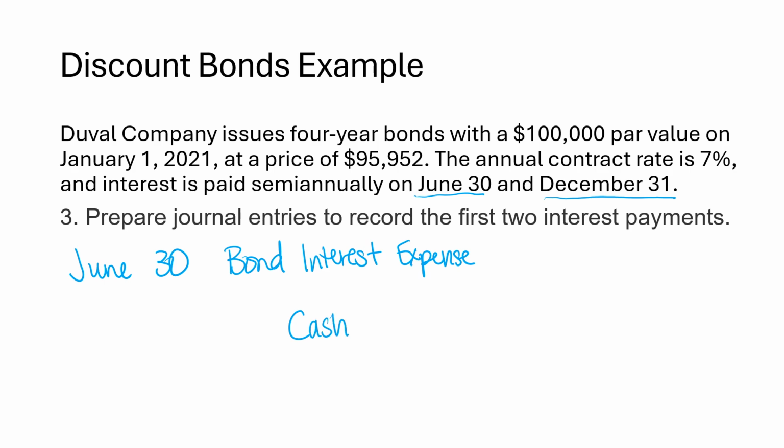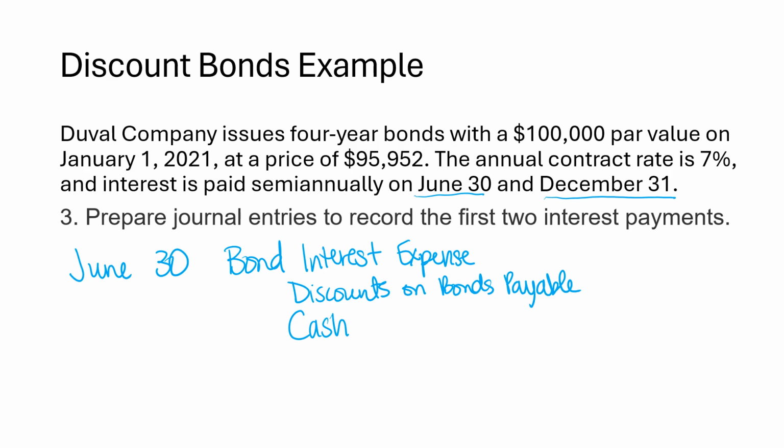What goes in between those is a credit to discount on bonds payable. What that does is decrease the amount of unamortized discount like we just did in the previous table. So this is how it's represented in the journal entry.